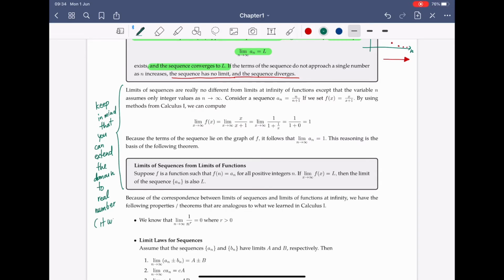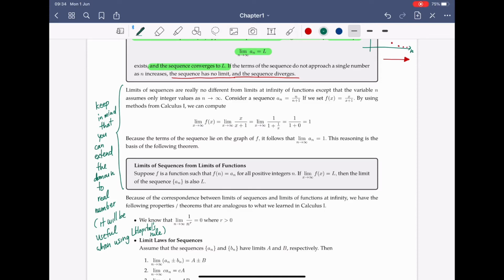It will be useful when using L'Hopital's rule. I will point this out again when we do the problems. So you can read this by yourself.